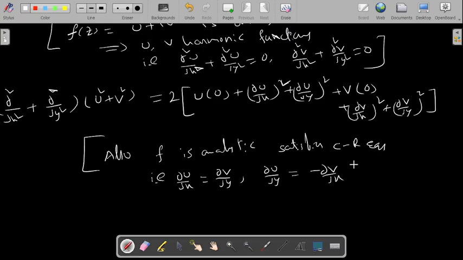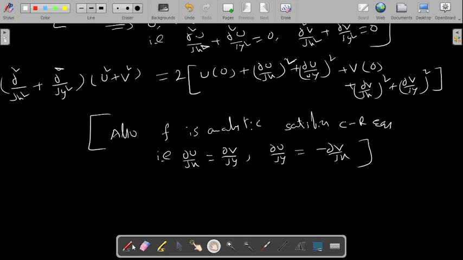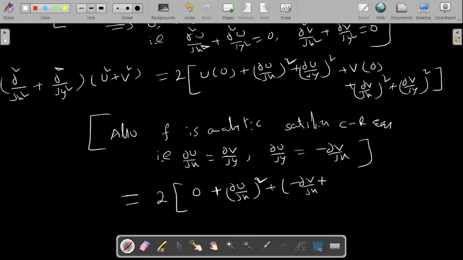So this is one more thing we use also. So now it is equal to 2 into this, already 0. So now (∂u/∂x)². Now ∂u/∂y we can write as -∂v/∂x, whole square.